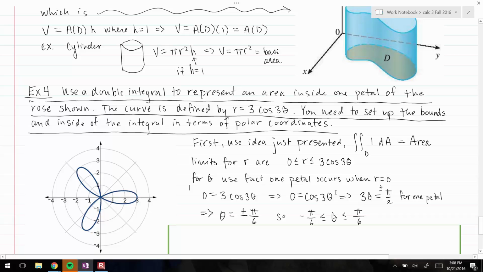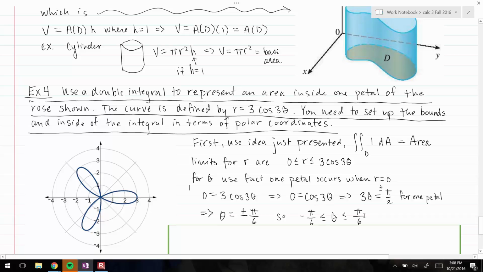The way I like to do these is treat 3 theta like some other angle, gamma, and then cosine of gamma equals 0 when gamma is pi over 2 and negative pi over 2 in this neighborhood. Gamma was actually 3 theta, so to solve for the theta we want, divide by 3. So theta is equal to plus or minus pi over 6.